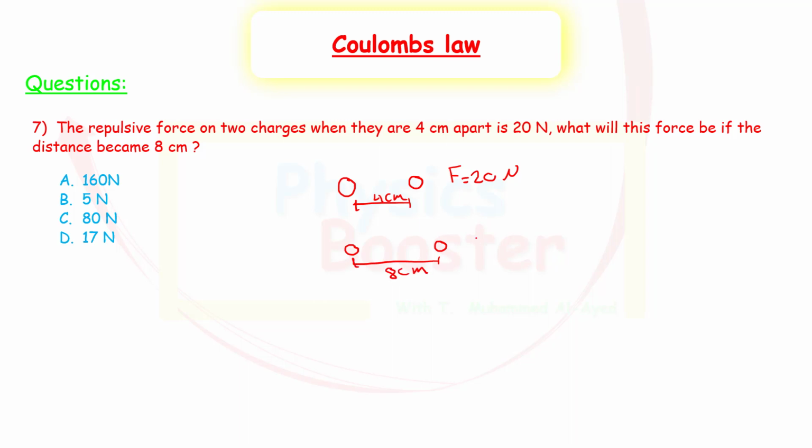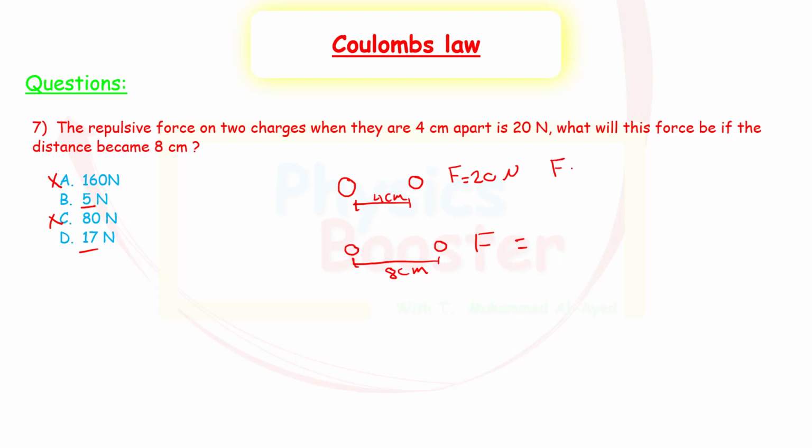What will happen to the force? First of all, we know that the force will become less. So let's look at the options here. It's impossible to be 160, and it's impossible to be 80. So we have 5 and we have 17. First of all, let's write the equation here.